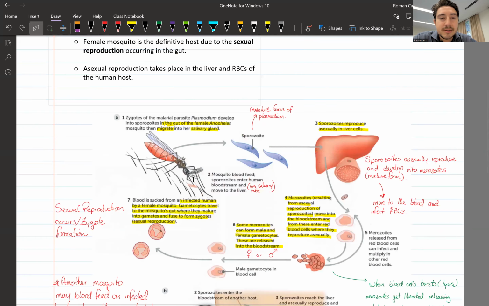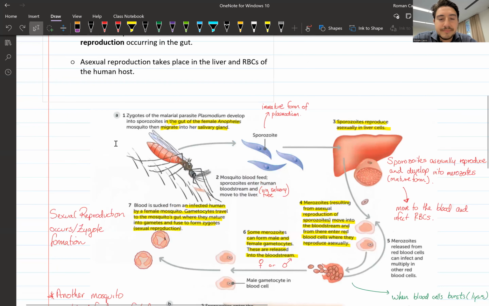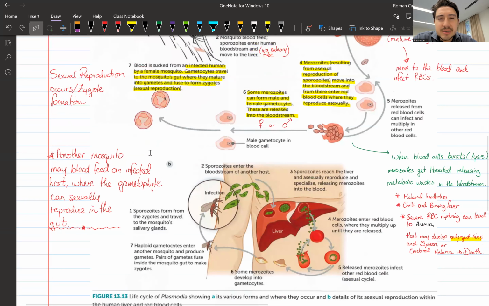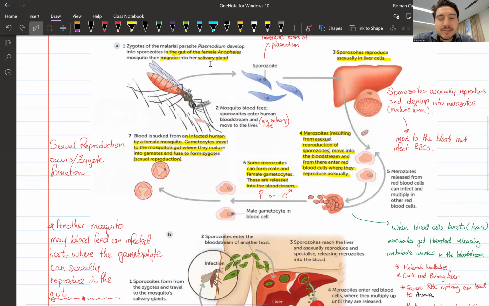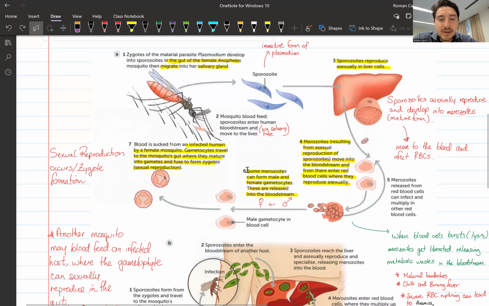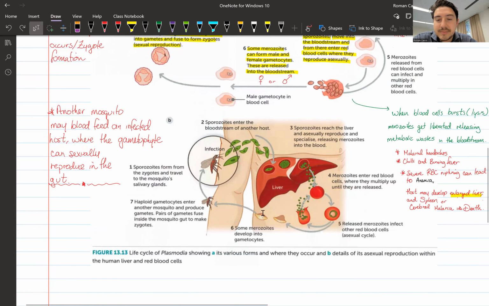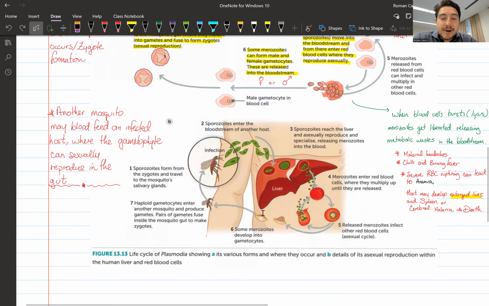So yeah, let's take a look. Starting from point 1. All right. And this diagram is broken down into this panel A here at the top and then panel B at the bottom. It goes into a little bit more detail between the sporozoites and the merozoites, but ultimately it's the same thing, right?